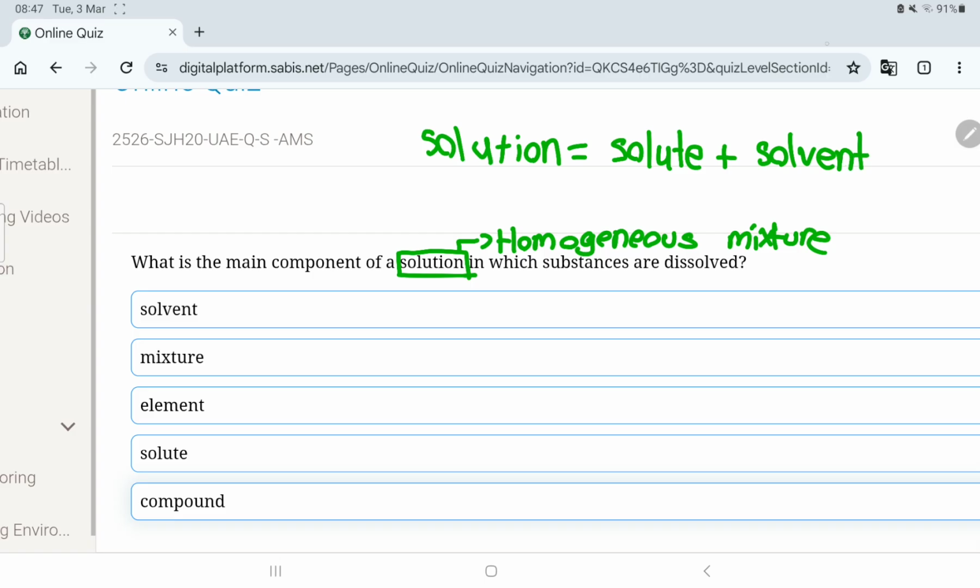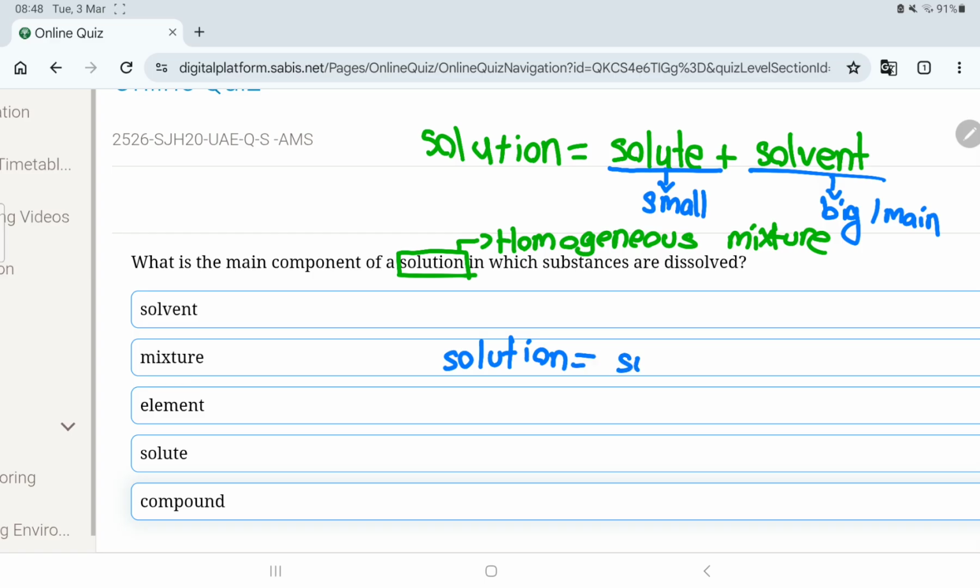Okay? Think about it like this. The solute is the small part. The solvent is the big or the main part. Let's make it more clear. A solution, for example, is equal to sugar plus water.